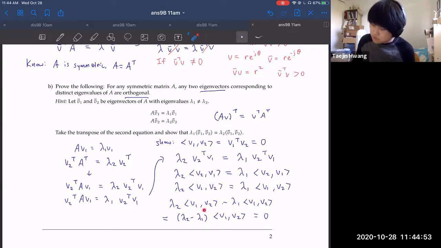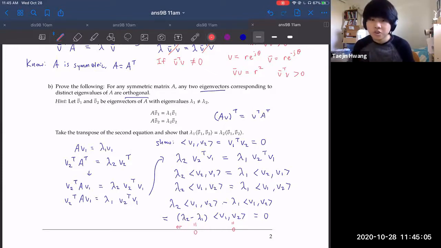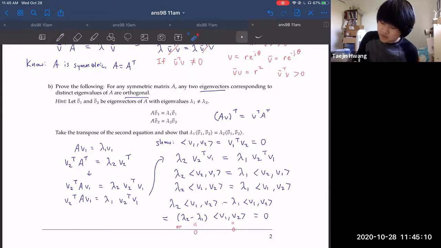And if the product of two things is equal to 0, then either the inner product must be 0, or lambda 2 minus lambda 1 has to be 0. But we're given the fact that these eigenvalues are distinct. It's always good to go back and read the question one more time.